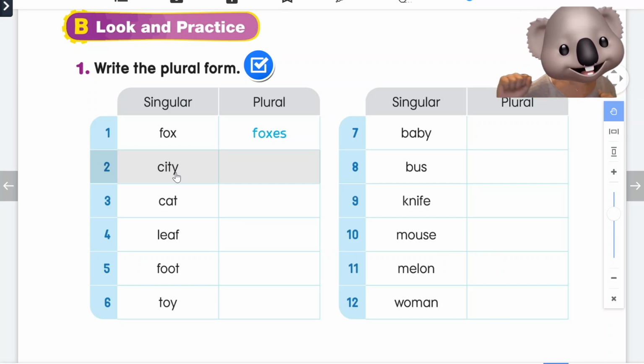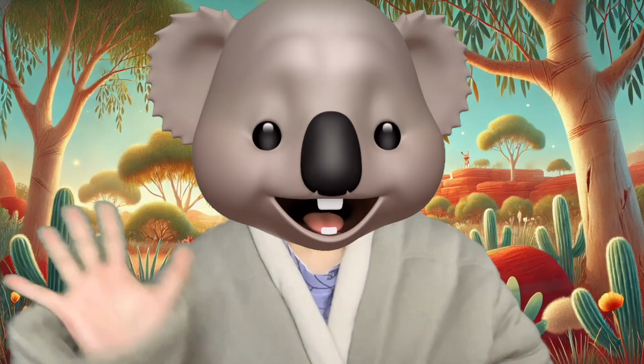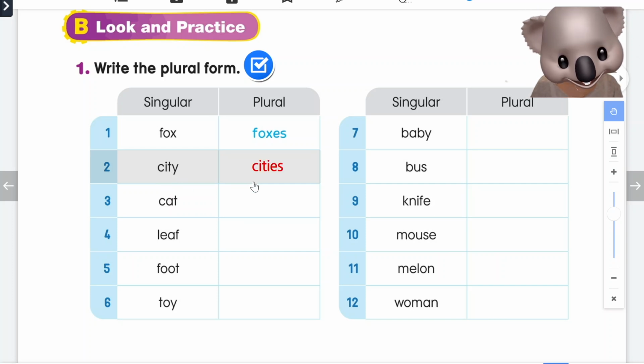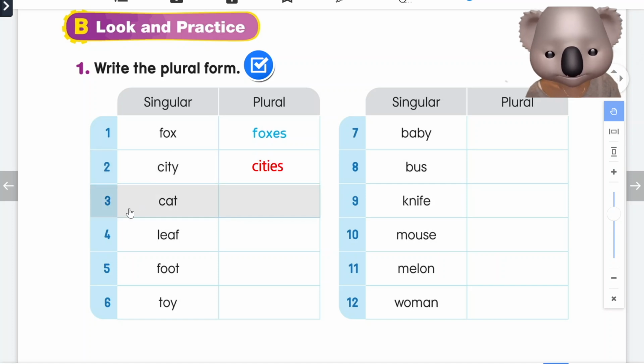Y to IES. So we'll spell cities, CITIES. Number 3. Just add an S. Cats.